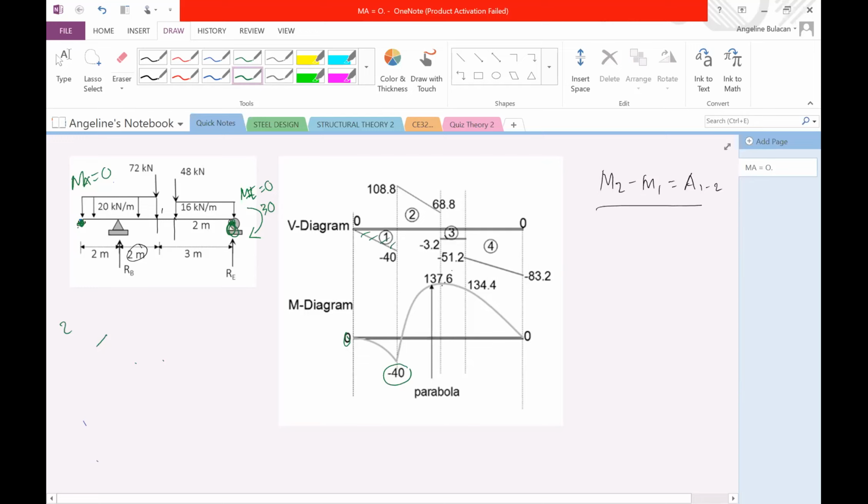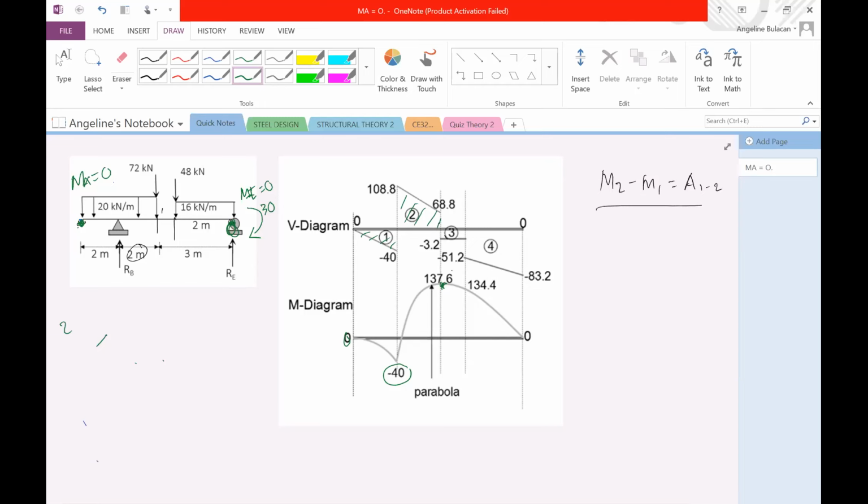Tapos, to get the moment at this point, dun lang tayo sa may mga changes, no? To get at this point, yung negative 40 plus, nasa calculator nyo yun, no? This area, or area of a trapezoid. So, we have 108.8 plus 68.8 divided by 2.